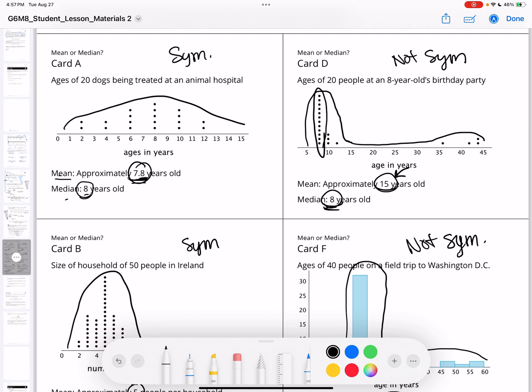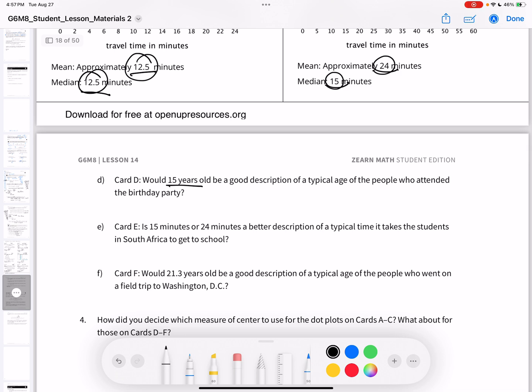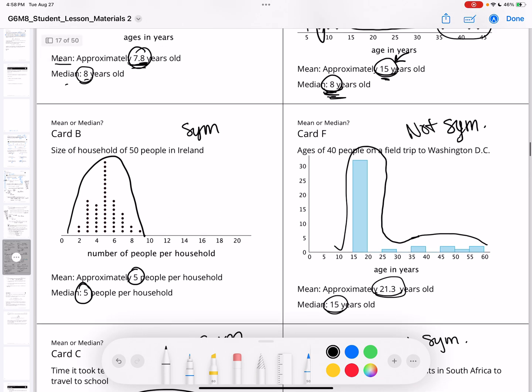And it says it's an 8-year-old's birthday party. Just because we have some adults who pull the data and make that mean higher, we should really be using the median here to talk about the middle. So no, I disagree. It's an 8-year-old's party. So it may make more sense to use the median of 8 years old.